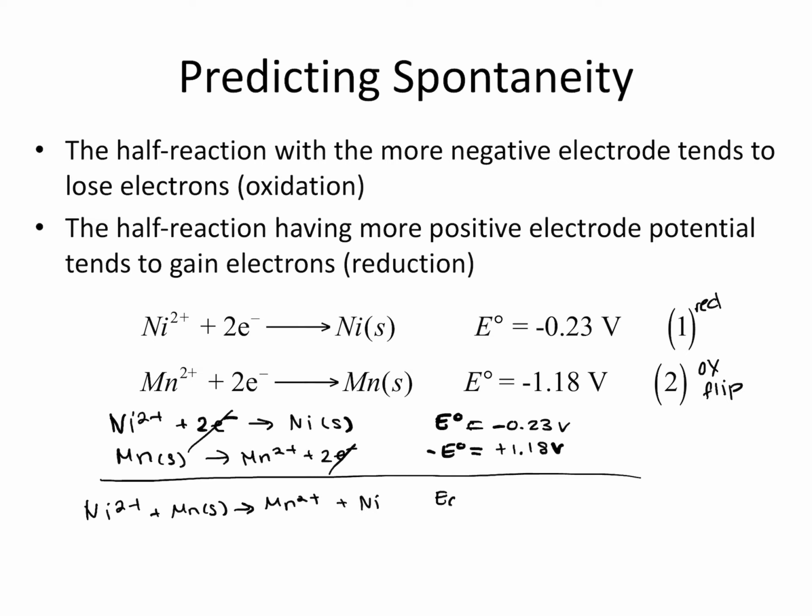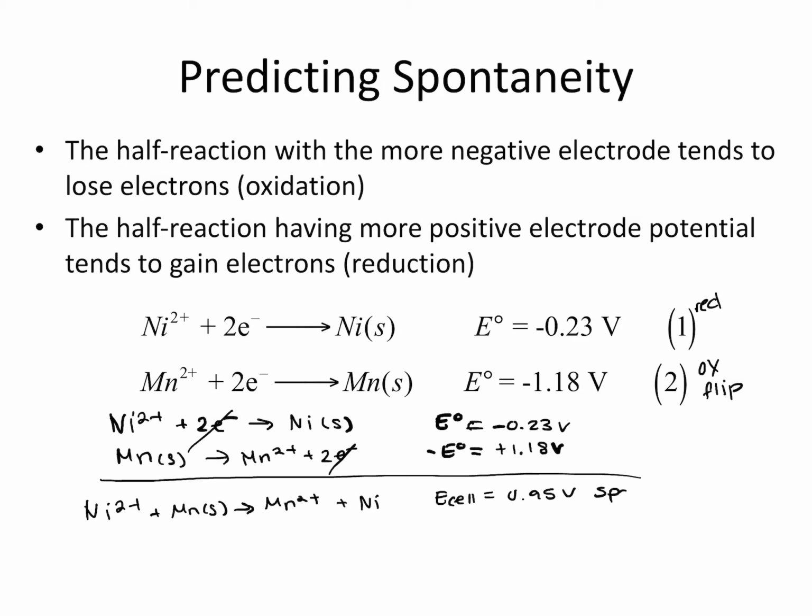And remember, your goal is to always get a positive cell potential. So now, if you take the 0.23 and 1.18, are you going to get a positive cell potential? Take a moment to think about that. Well, if I sum up negative 0.23 plus 1.18, I would get 0.95.